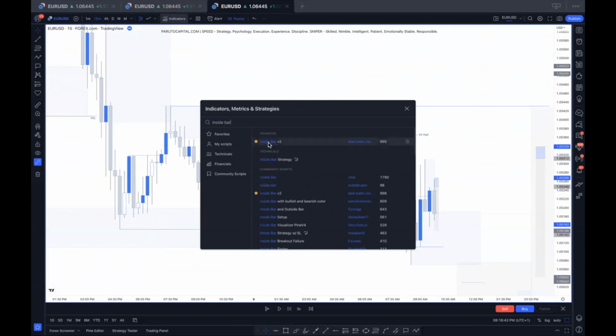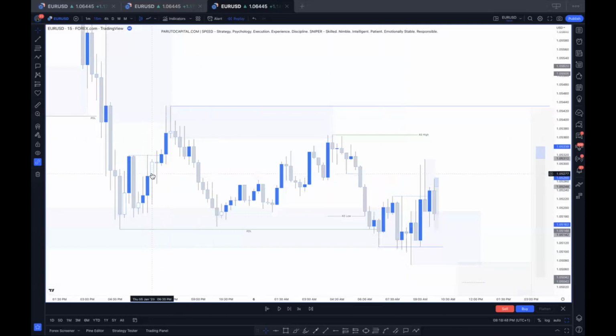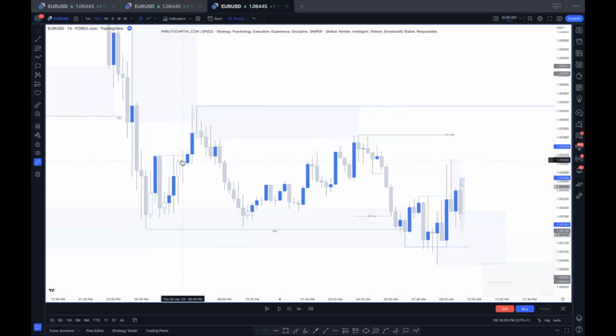If you just select that, all the internal candles on your chart will now change to white, or maybe some color, and then you can decide to modify that if you want to. But that's basically how you can begin to see all these inside candles.